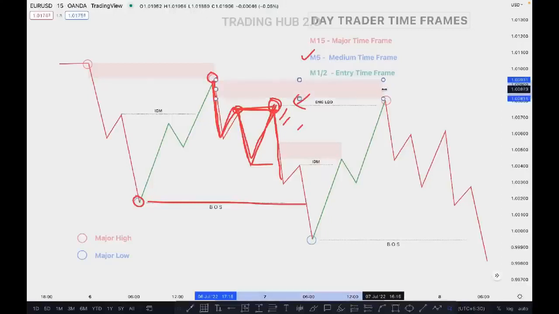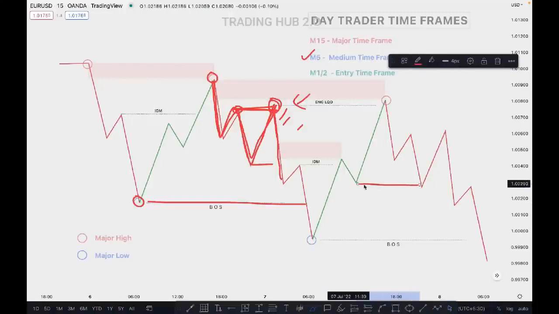Once the market taps this supply zone, then you have to switch into the lower time frame M1 and M2, and then sell and stack multiple positions until this most recent low is broken. Once the market takes out the most recent low, then you have to wait for the medium time frame to take out the recent high, which is here, and then again sell here in M1 and stack multiple positions until this is broken in this time frame.